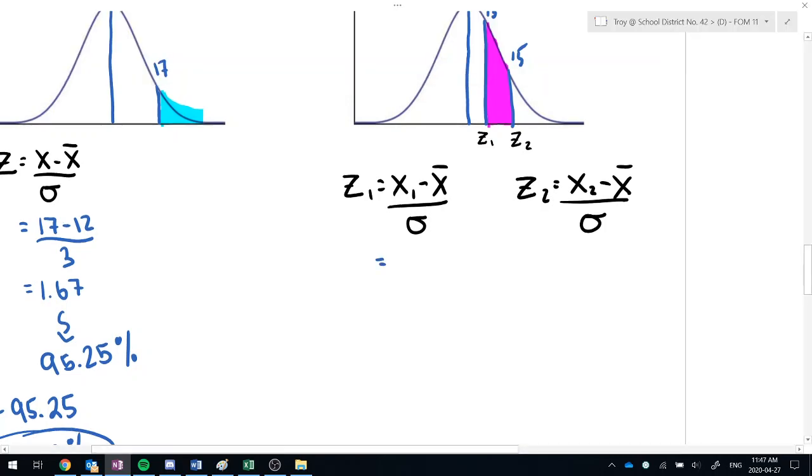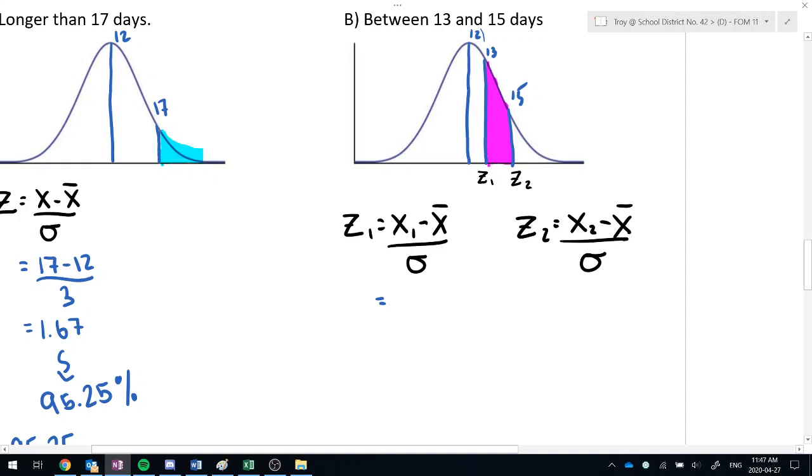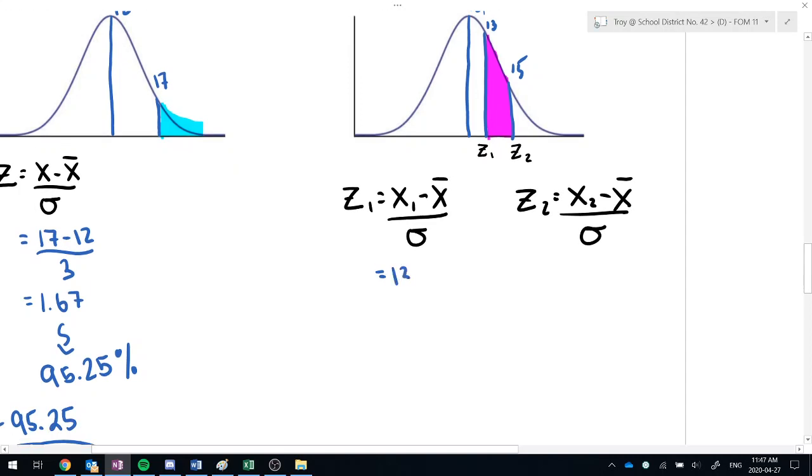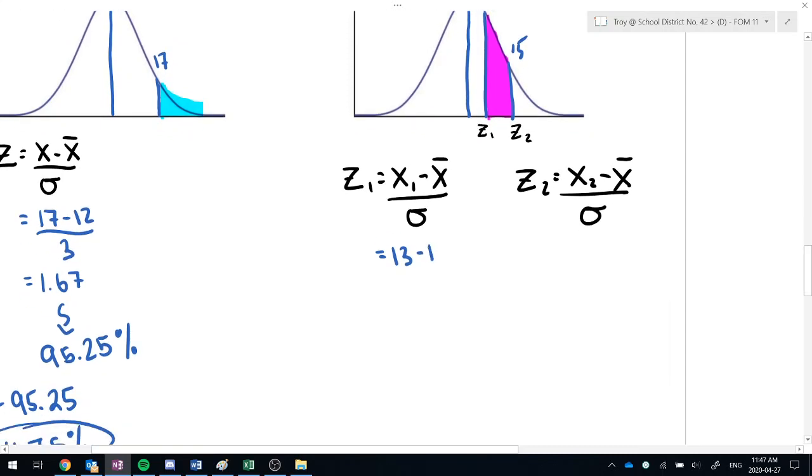All right, so our data point for the z-score we're trying to find is 13 for this one, minus 12 divided by 3. And for this one, this is 15 minus 12 divided by 3. So that's going to be 0.33, and then this one is just going to be 1.